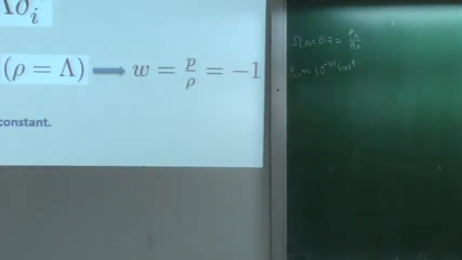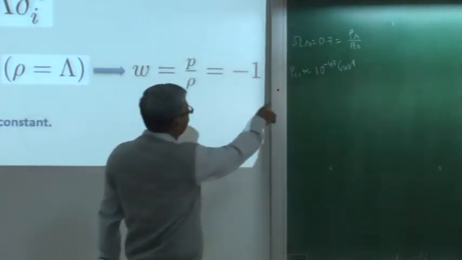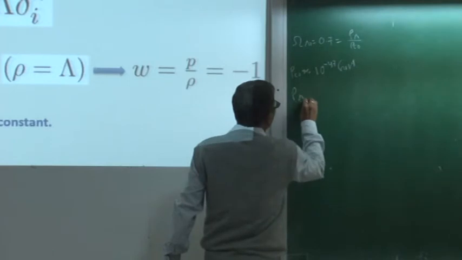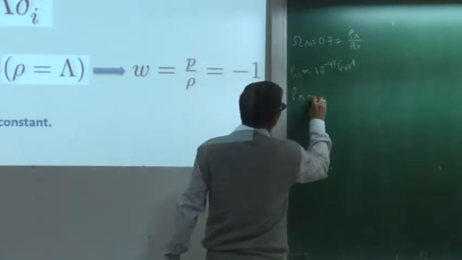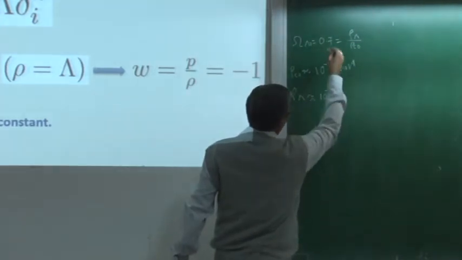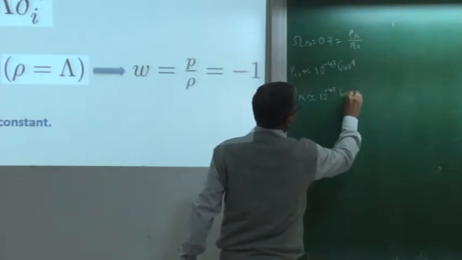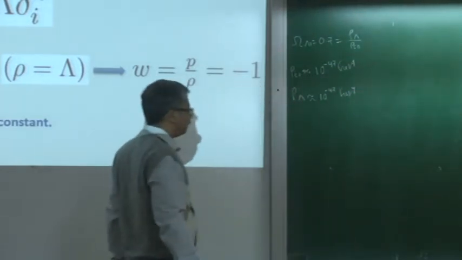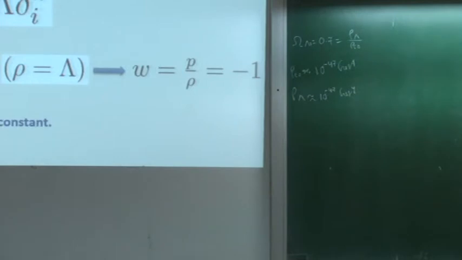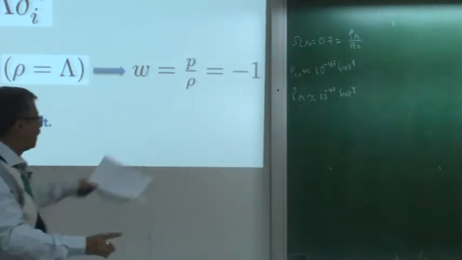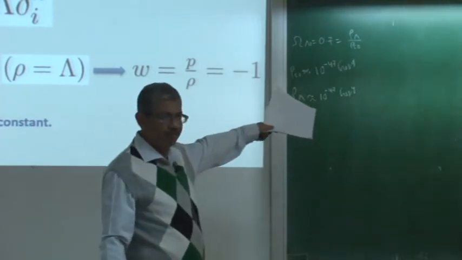So in order to have this dark energy, which gives you the acceleration, with a density parameter value of around 0.7, rho c naught is this. So rho lambda naught is also roughly of that order, maybe one order less or roughly that order. So this is the energy density, which is why you have GeV to the power 4.